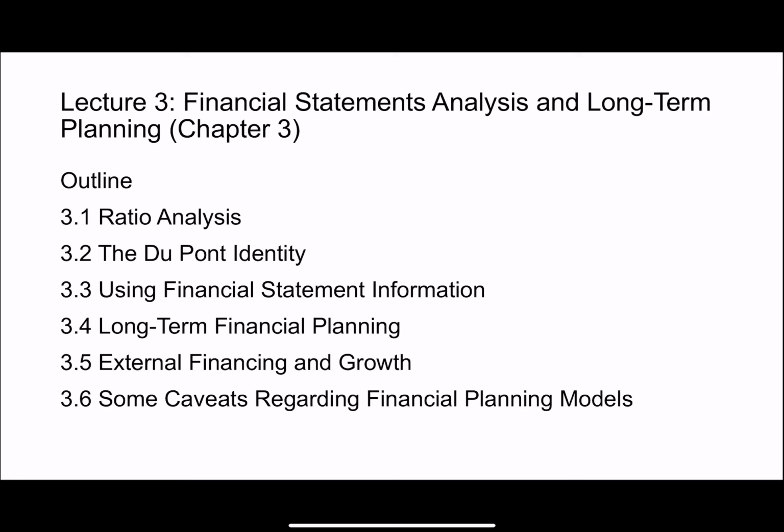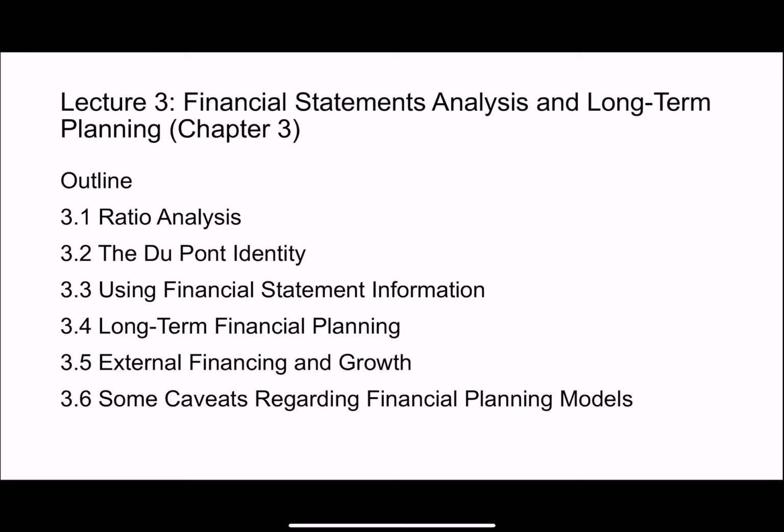Before we get to specifics of financial statement analysis, let me just explain the main idea. Remember we talked about financial statements, and we now understand what kind of information is there, like the balance sheet and income statement. The next step is to interpret that information, and financial statement analysis does just that.